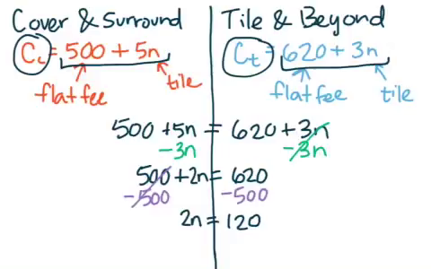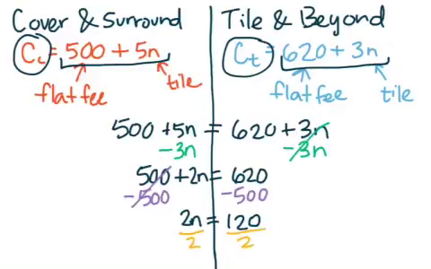So I have my variables on one side, my numbers on the other, but I want to figure out what not 2n is, but what 1n is. So I know that 2n means 2 multiplied by n, and so to cancel that out, I need to do the opposite of multiplication, which is division.